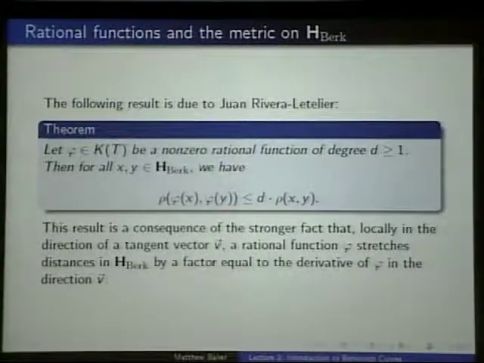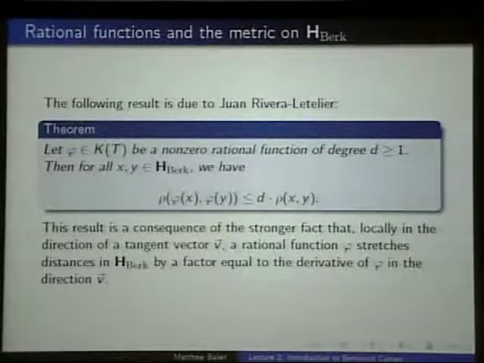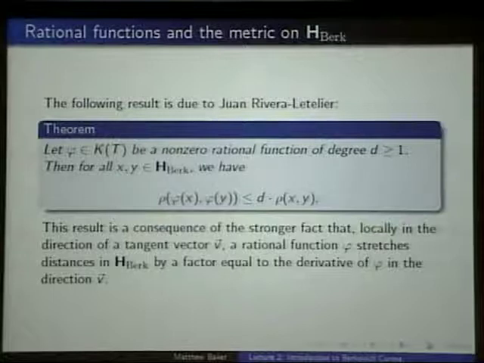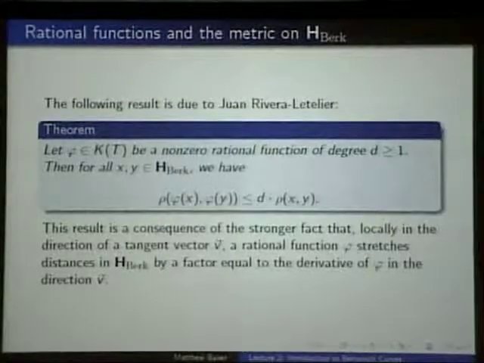So a rational map is locally just stretching distances by some factor that depends on which direction you're moving in. If you globalize this and use a compactness argument, you get this theorem.